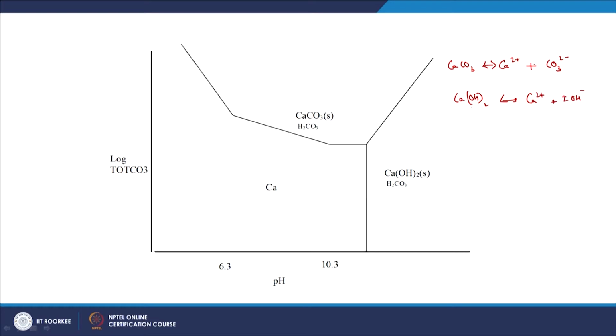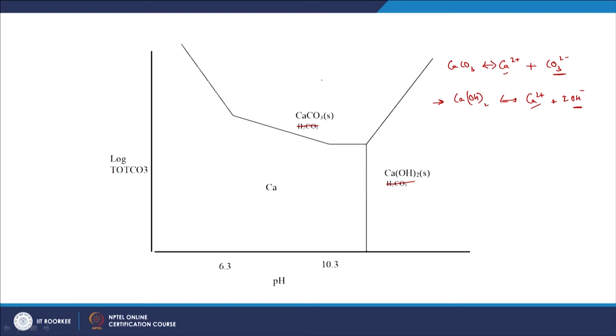So at either lower pH, meaning OH- is less, or at lower log total CO3, meaning CO3 2- is less, which reaction is going to be favorable? The dissolution. The solid will not be favorable, and that is why you would see relatively high concentrations of Ca2+ in these regions. And as the pH is increased, you will have this particular equation, the backward reaction, predominating, that is why Ca(OH)2.